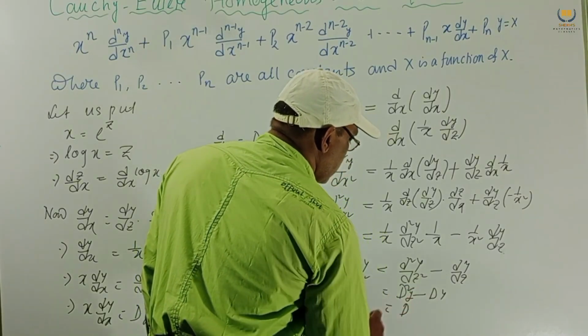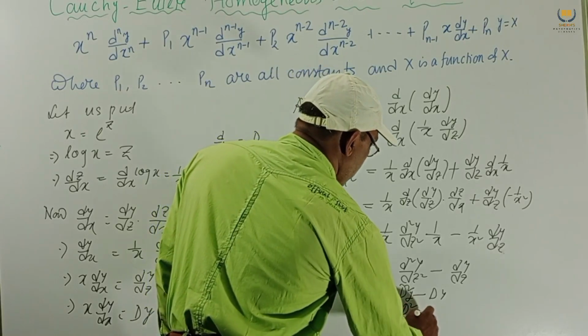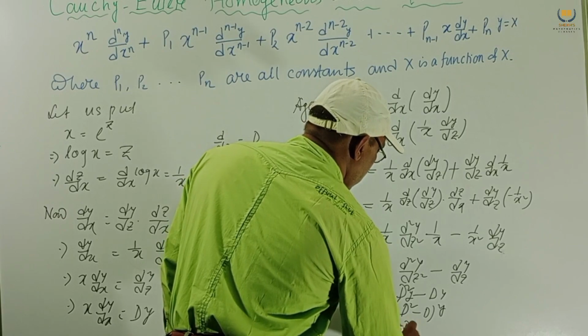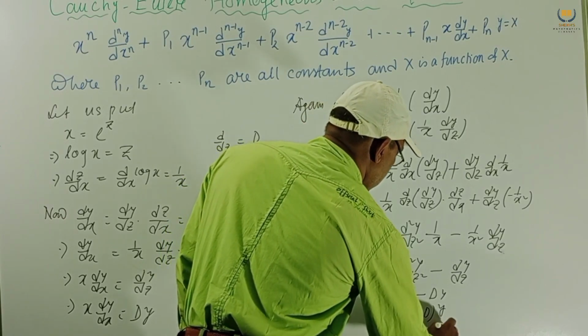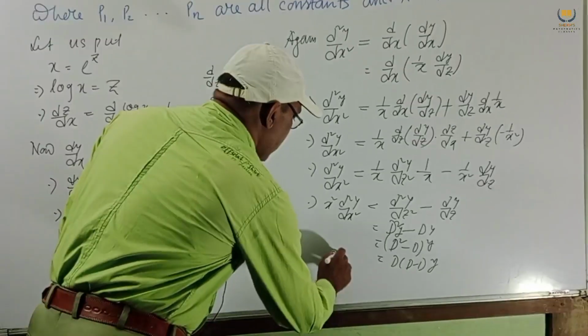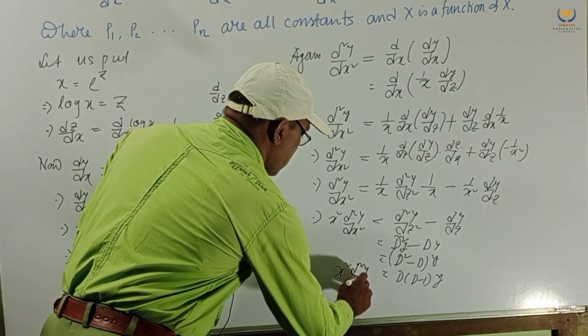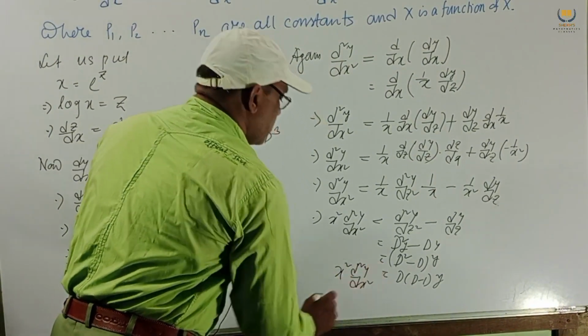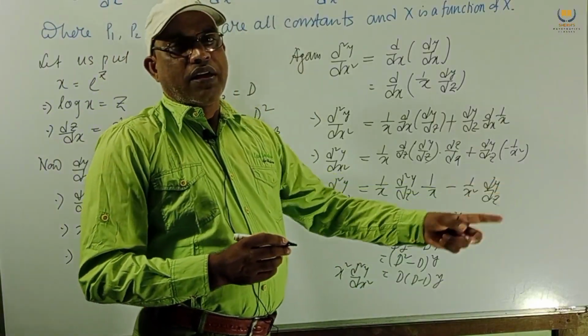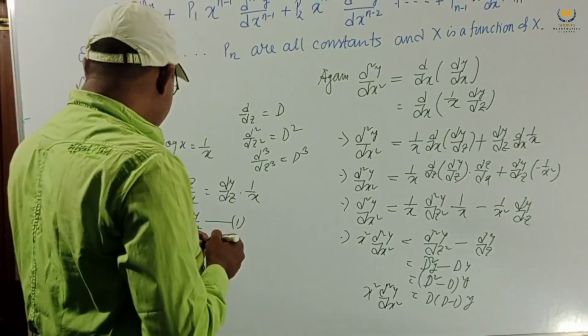So D^2 minus D into y, or we can write D common: D(D minus 1) y. So we get x^2 d^2y/dx^2 equal to D(D minus 1) y.